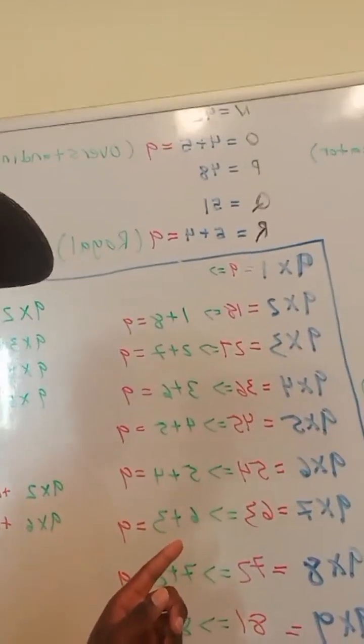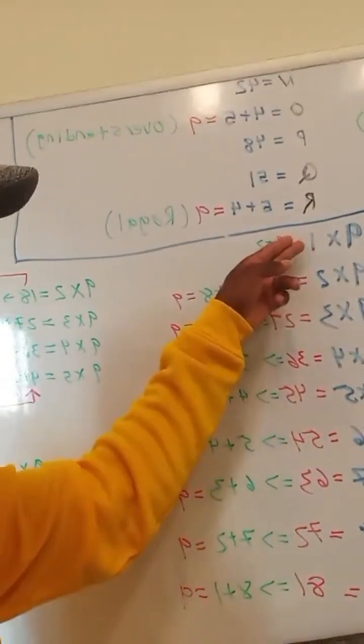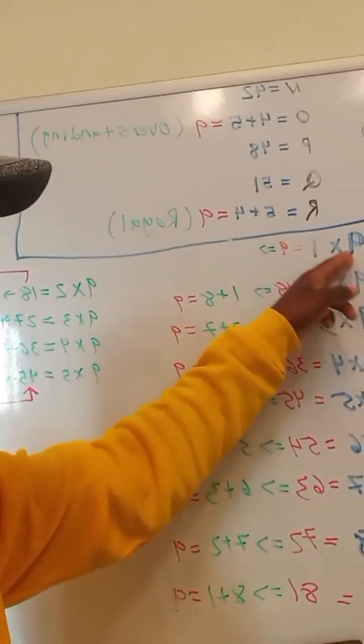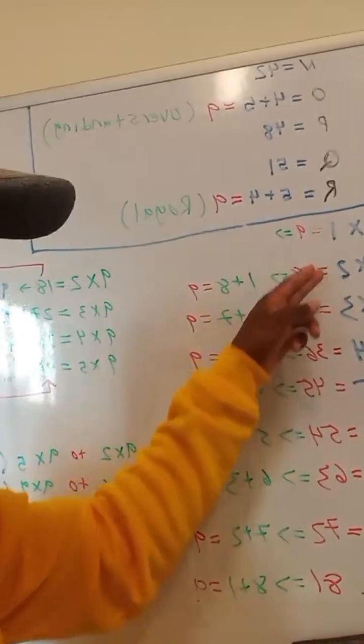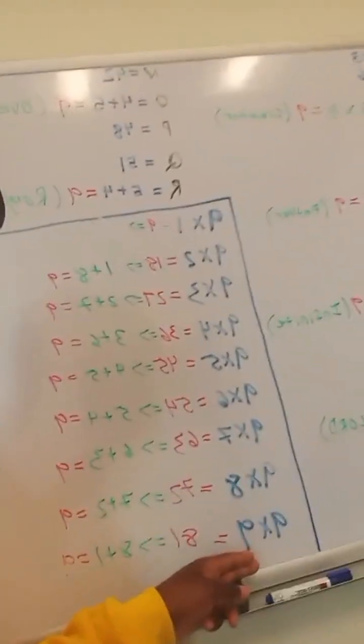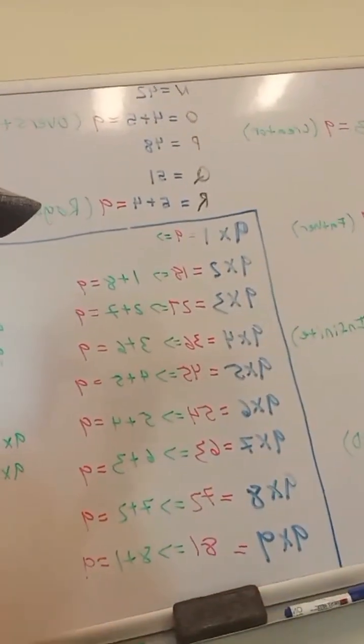All right. Now, we're going to go right here. If you look right here, I got factors of 9. 9 times 1, all the way to 9 times 9, which is infinite itself.